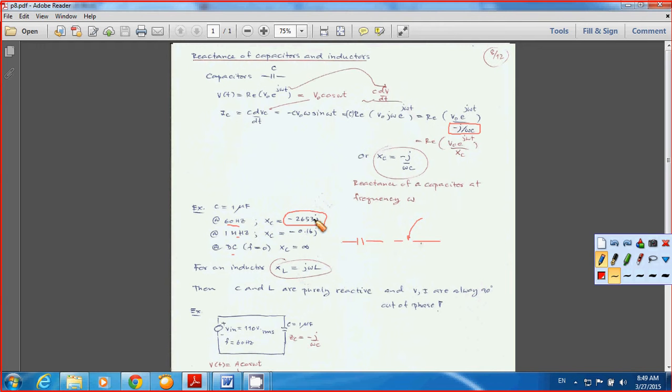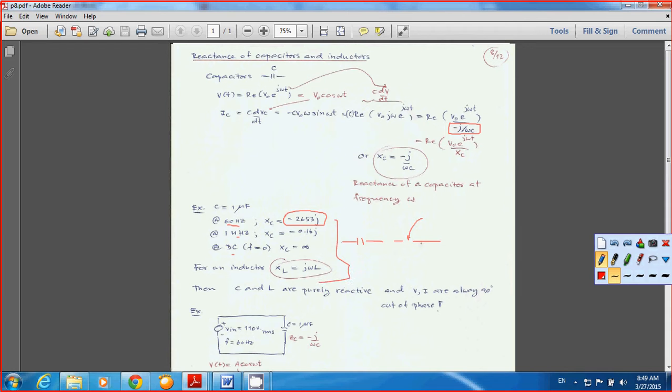You can notice again that for a capacitor, higher frequency gives lower impedance, but for an inductor, higher frequency gives higher impedance, and that's why we use them for different purposes when you design a filter circuit, in the way you connect the capacitor and the way you connect the inductor.